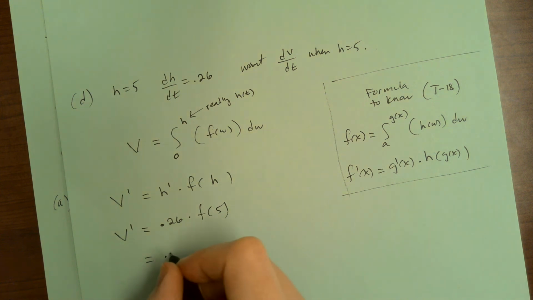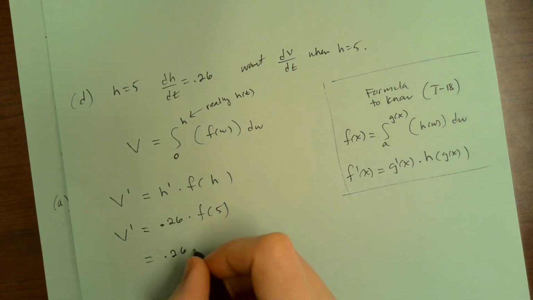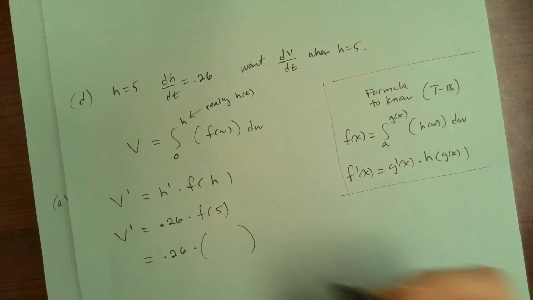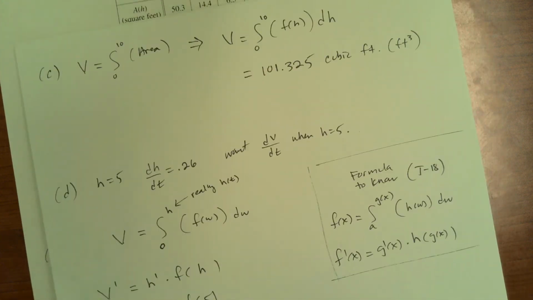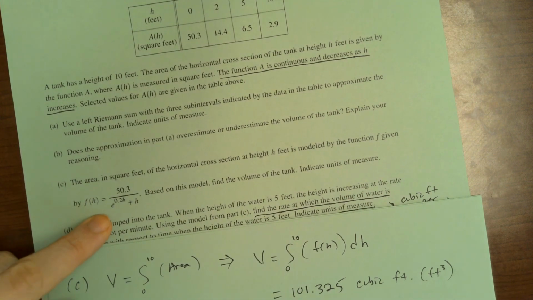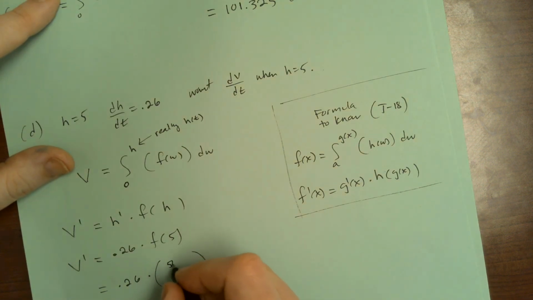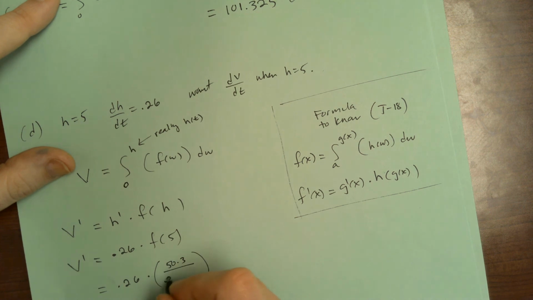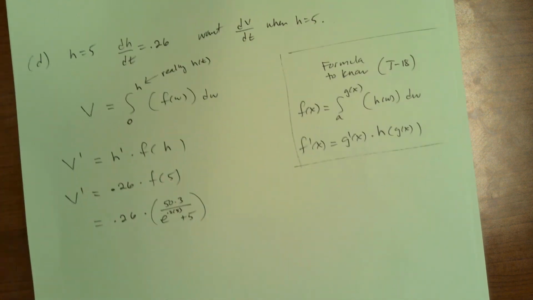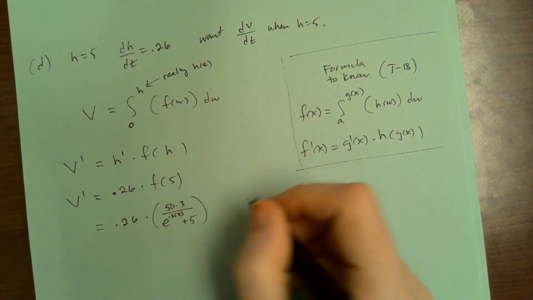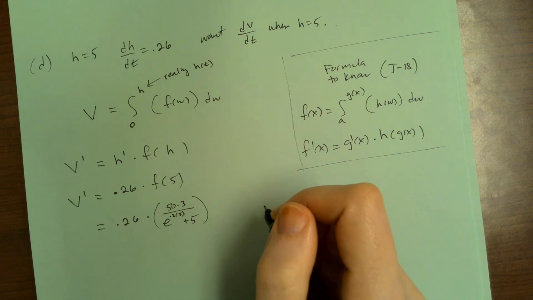So that equals 0.26 times f of 5. I go back, this is what f is: 50.3 over e to the 0.2 times 5, plus 5. And then I'm going to type that in.